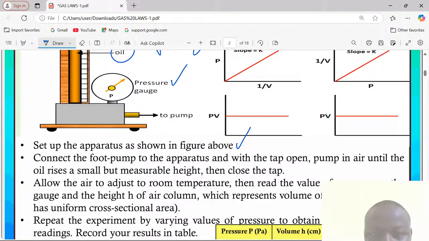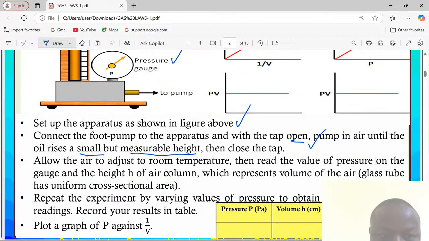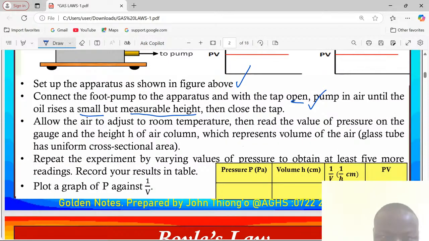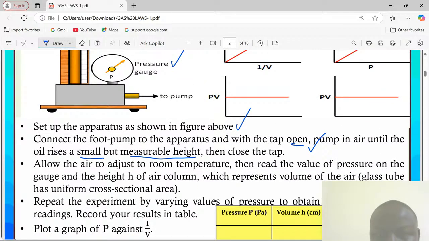Connect the foot pump to the apparatus and with the tap open, pump in air until the oil raises a small but measurable height. Then close the tap. After that, allow the air to adjust to room temperature. Then read the value of pressure on the gauge and the height h of the air column, which represents the volume of the air.